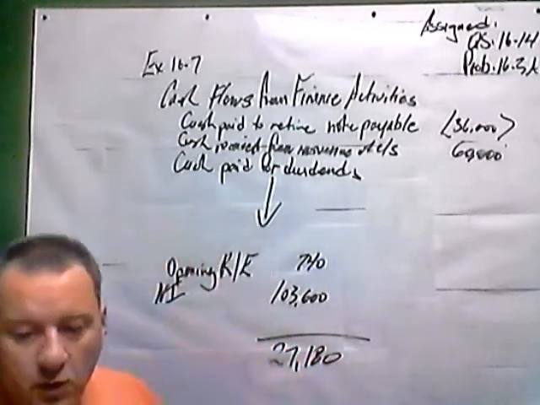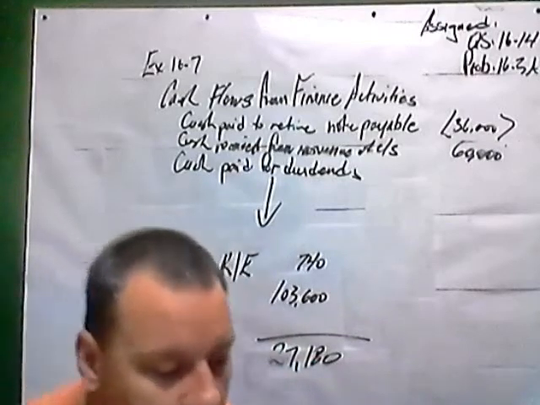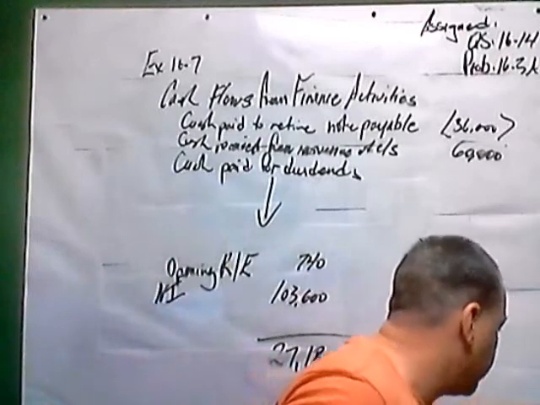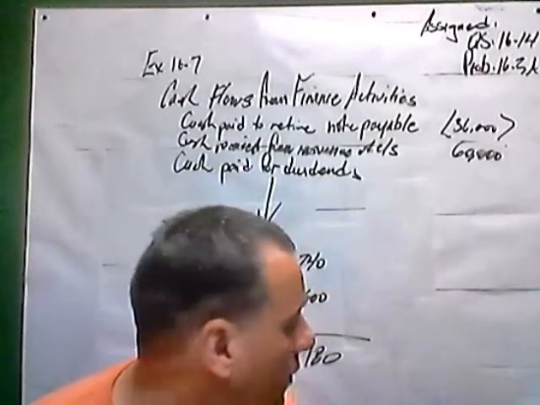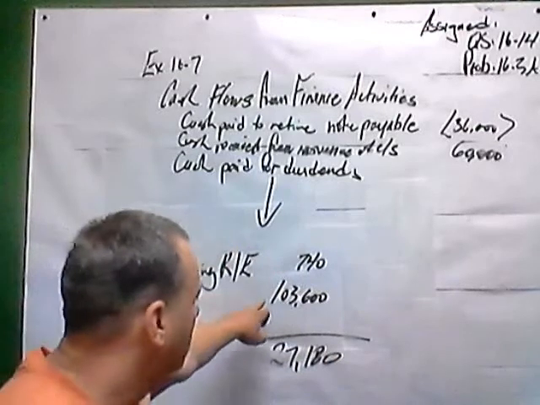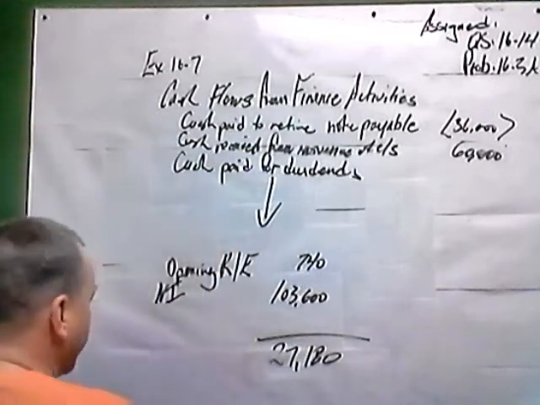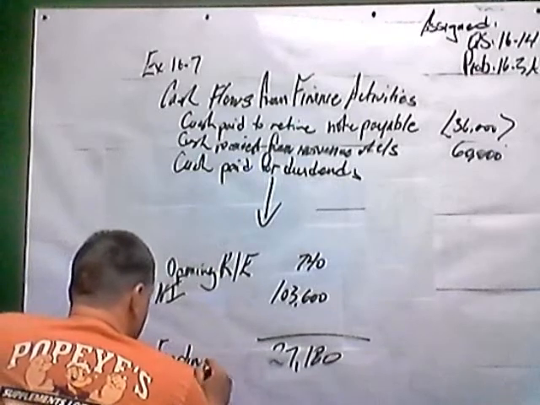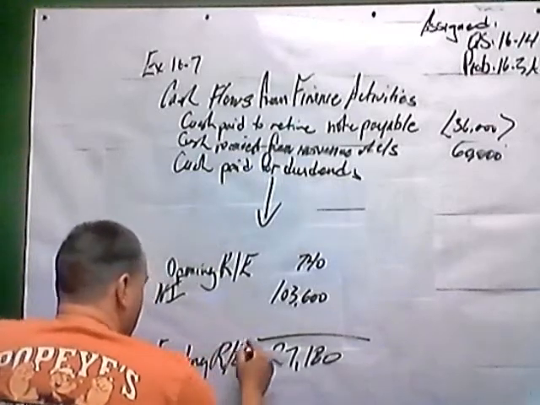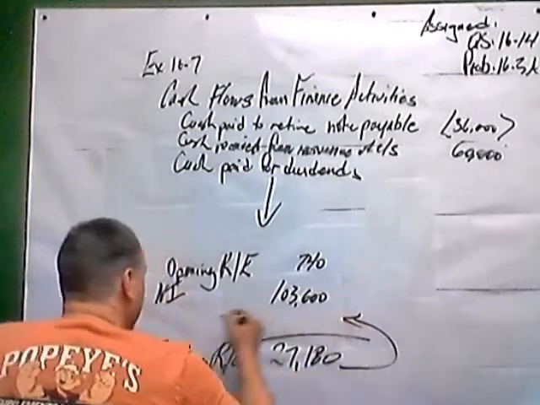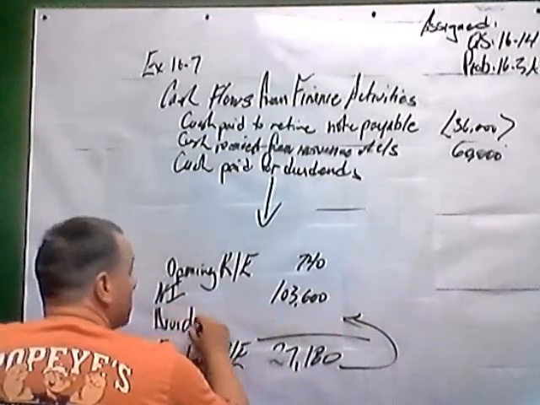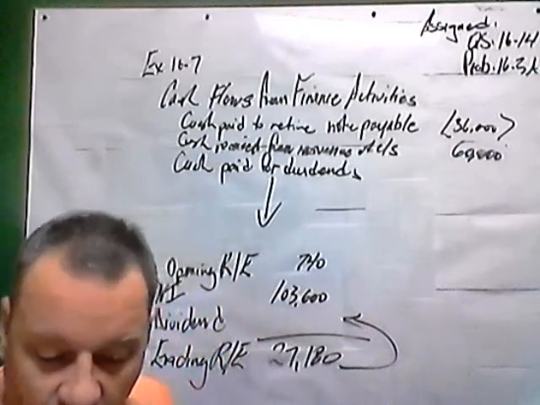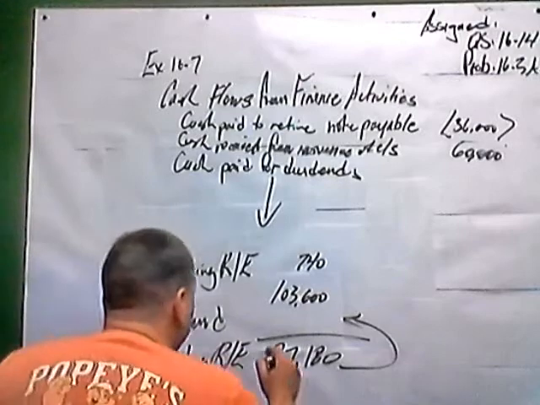So if I add this up, I should figure out the amount that we paid out in dividends. 740 plus 103,600 minus our ending retained earnings, which is off the balance sheet, will give us our dividend. So we must have paid out in dividends $77,160.